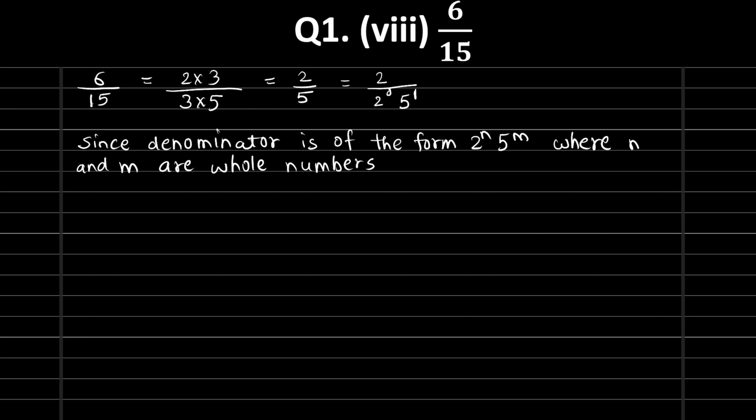It does not have any other prime factor apart from 2 and 5. So therefore we can say that the denominator is of the form 2 raised to n into 5 raised to m, where n and m are whole numbers. Therefore 6 upon 15 will have a terminating decimal expansion.